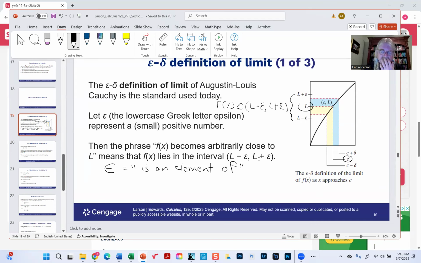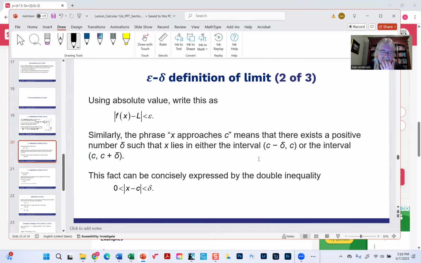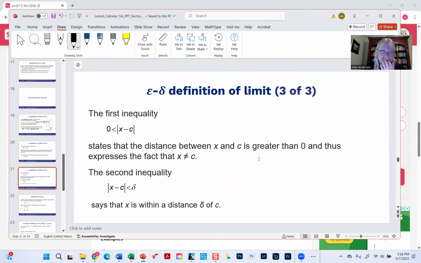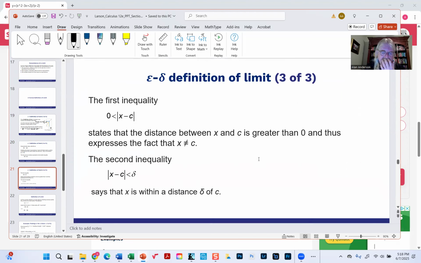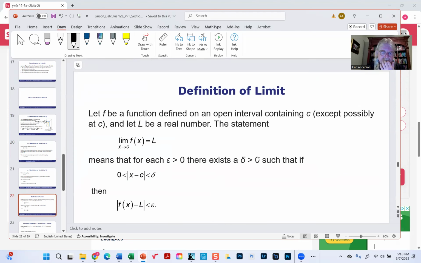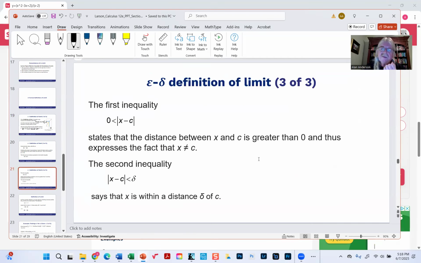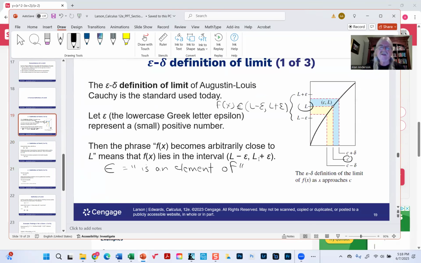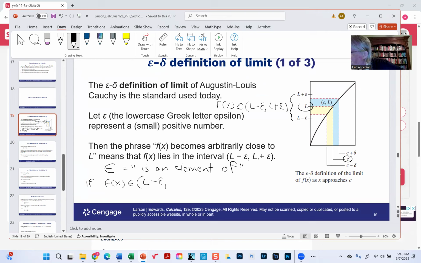The deltas are down here, by the way, such that if f of x is in this interval, then we can find a delta.